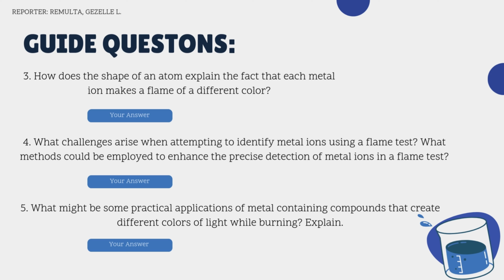What methods could be employed to enhance the precise detection of metal ions in a flame test? Number 5, what might be some practical applications of metal-containing compounds that create different colors of light while burning?